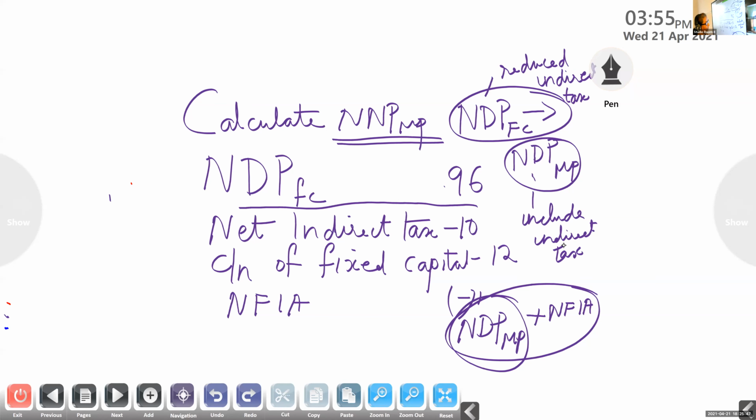This is the difference between these two. Now they have given NDP-FC here as 96. What do we need here? We need NDP-MP. So what do we have to do? Add indirect tax to NDP-FC. Add indirect tax to this 96. You will get the NDP-MP.